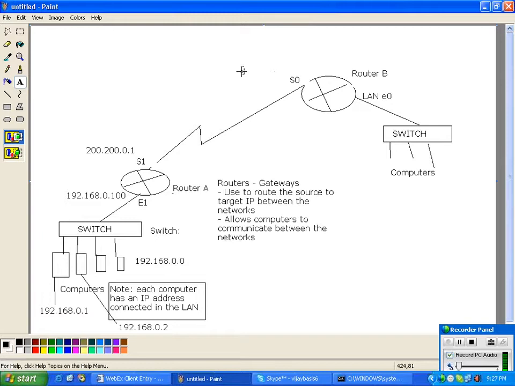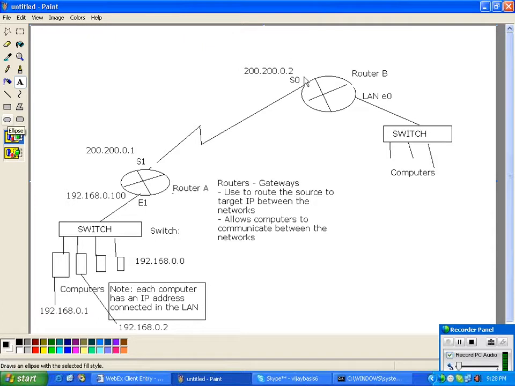And here I have another serial port at the destination router, 200.200.0.2. You can see serial line, router serial line S0 and the other router's serial line S0. They both are in the same network.